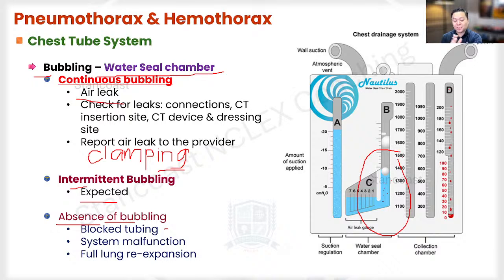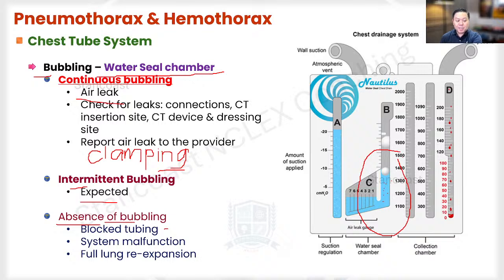Make sure that you're going to look into the nurse's notes, what the others have observed in the chamber, to see if there's any deterioration or, let's say, improvement in the patient's treatment plan. Okay, so again, absence of bubbling, it could mean good or it could be bad. It could be bad if it's happening early, right after the insertion of the chest tube. Okay, all right, or it could be kinking.